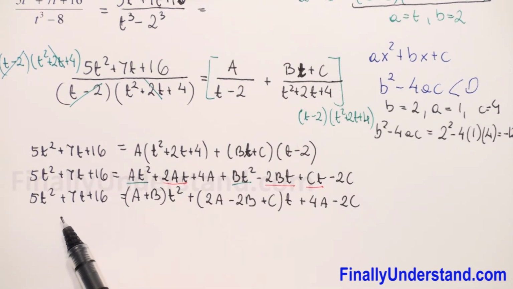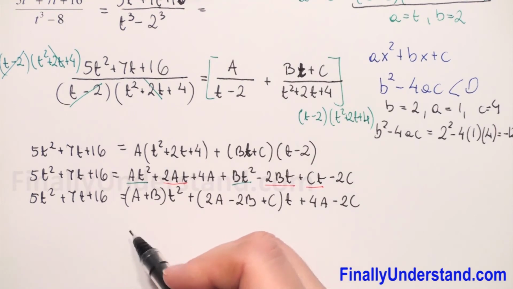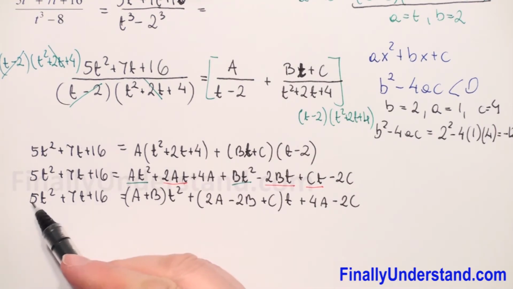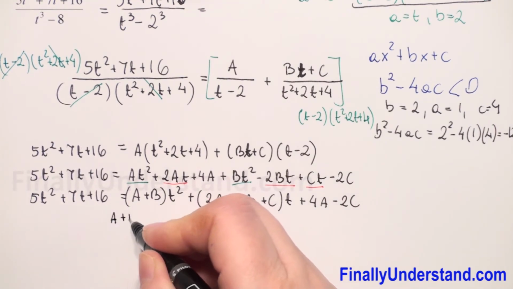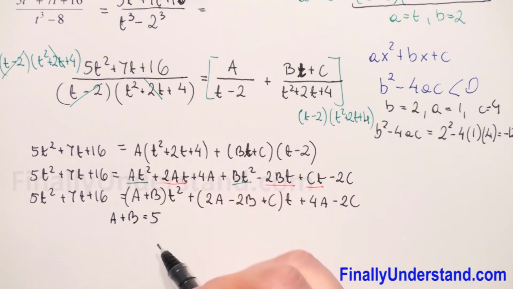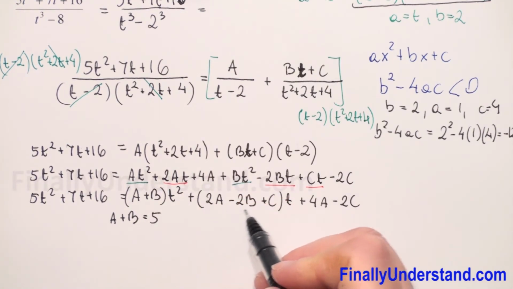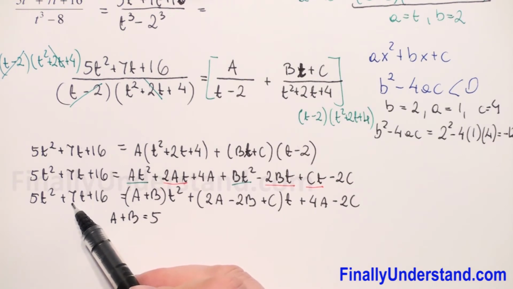How do we do this? We just compare the coefficients before t squared, t, and constants. So we have a plus b should be equal 5. Next we have this whole term in parentheses must be equal 7.